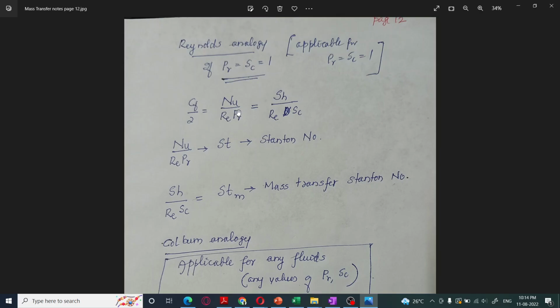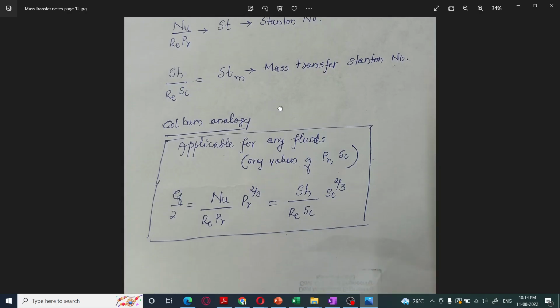Now the Reynolds analogy is applicable for fluids with Pr equal to 1 and Schmidt equal to 1. For common fluid combinations, we can have a better analogy called the Colburn analogy, or Chilton-Colburn analogy, or modified Reynolds analogy, sometimes known like that also.